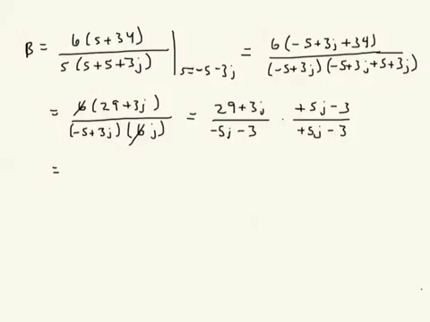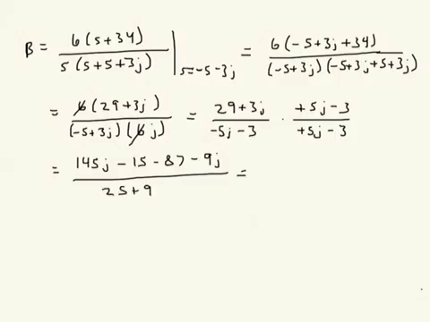And so that leaves me with, on the top, just multiplying through, 145j minus 15 minus 87 minus 9j. And on the bottom, these are complex conjugates multiplied by one another, so I just get the magnitude squared of that number, which we actually solved for before. It's 25 plus 9, or 34.